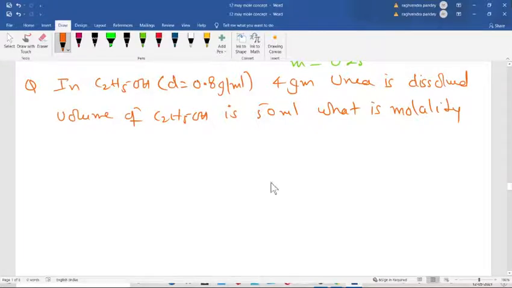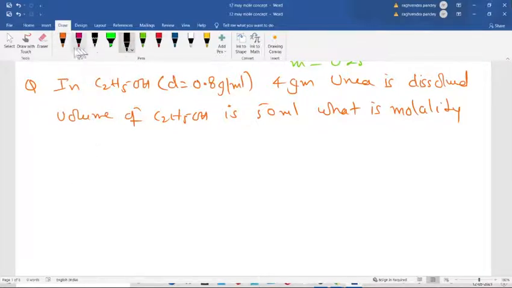Harsh, 2.10. Now 2.17, 2.17... how are we getting 2.17?